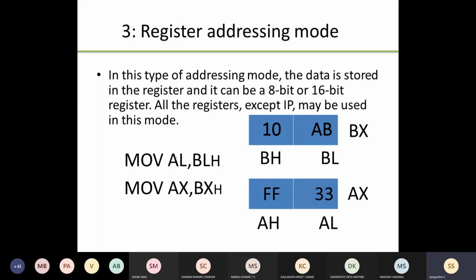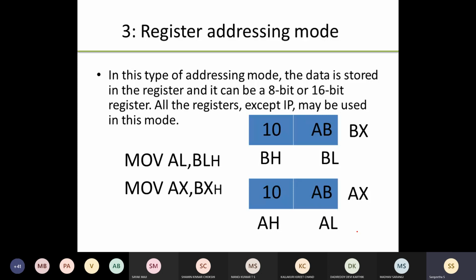In BL, the data is AB, and in BH the data given is 10. When you start executing, the AB that was in BL comes to AL.